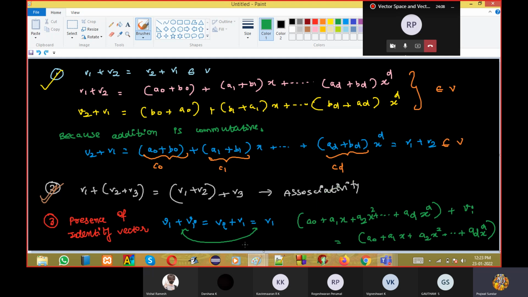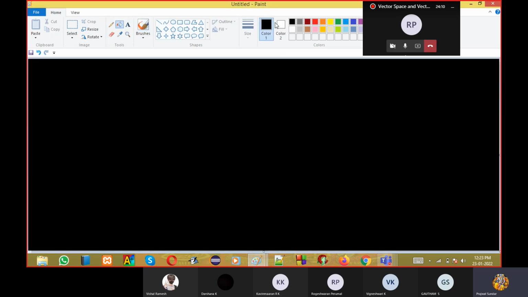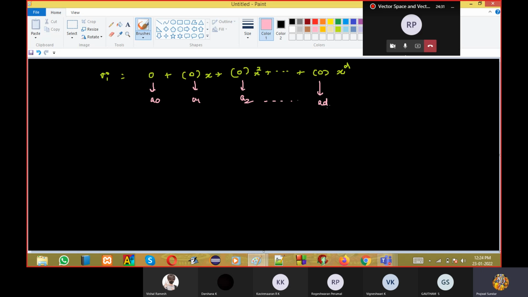Now you can take all this to one side and do the cancellation. You will get vi as 0 plus 0x plus 0x squared till 0 x power d. Now you tell me, is this vector part of the vector space or not? Here you have a0 as 0, a1 as 0, a2 as 0, ad as 0, all zeros.